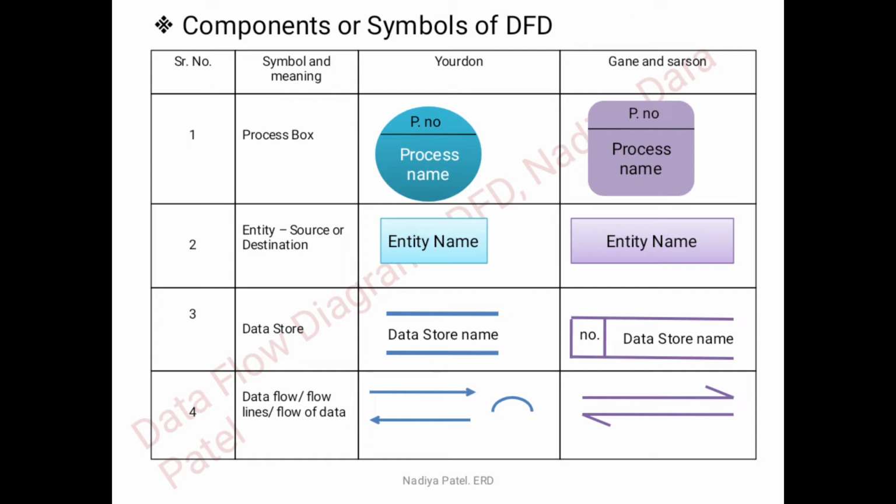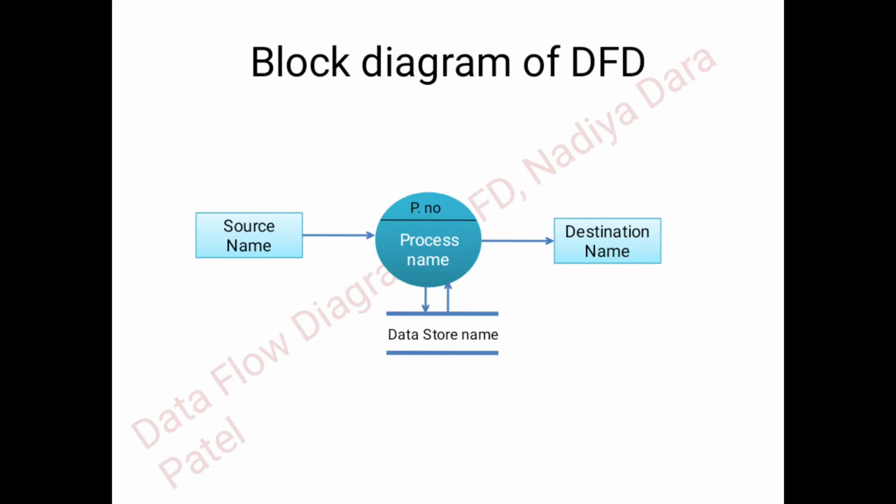Now let us try to understand how to put all of them together and then construct one DFD. So this is one block diagram of a data flow diagram. Many times sources are kept on the left hand side, destinations are kept on the right hand side, information goes in from source to process, it gets processed and output is given back to the destination.